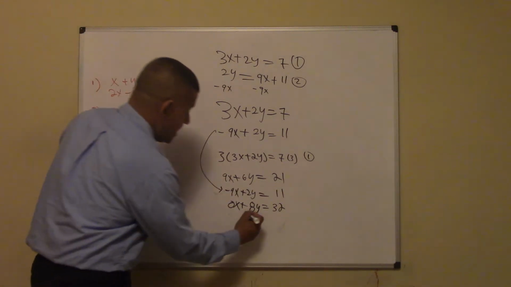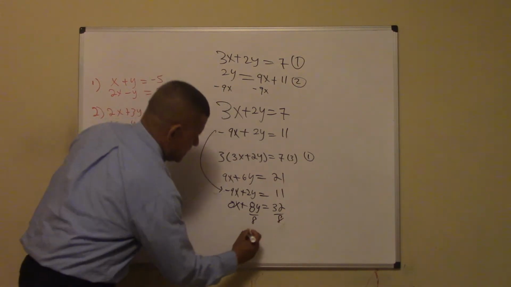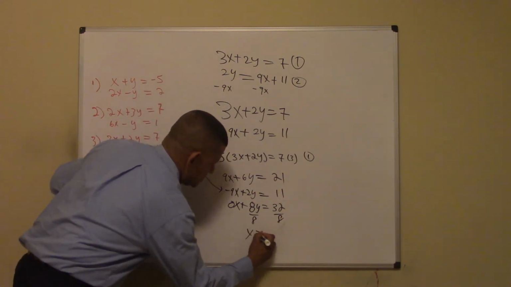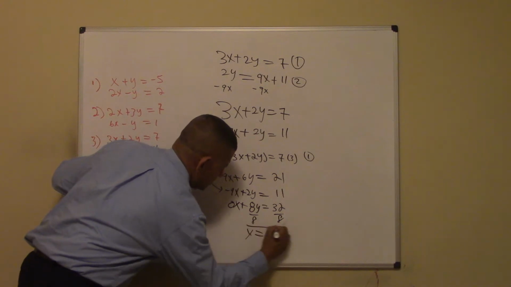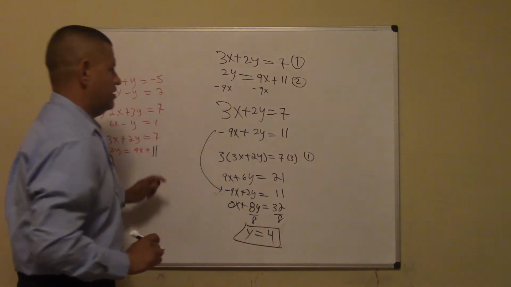Now divide by 8 on both sides, and I get that y is equal to 4. So y here is equal to 4.